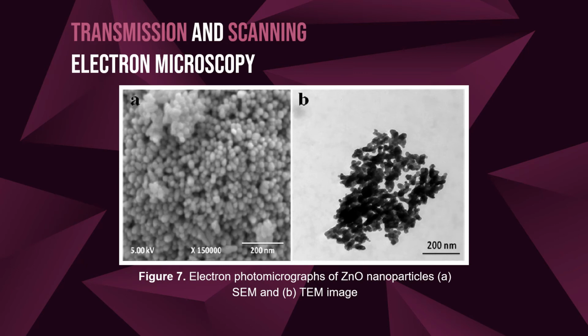The ZnO particles were found to be in the 30 to 50 nanometer range after a 3-hour heat treatment at 500 degrees Celsius. ZnO nanoparticles are mostly granules with a small spherical shape and are well crystallized, as can be seen in Figure 7b.